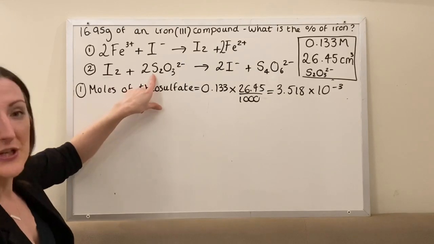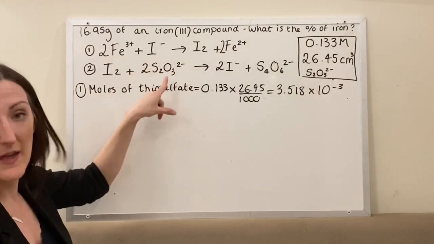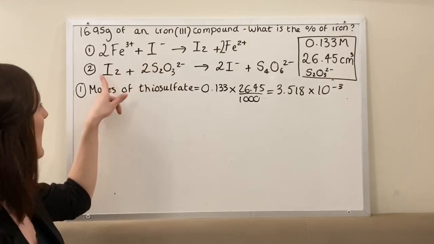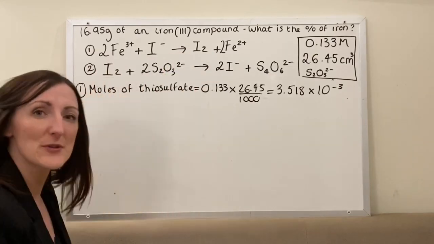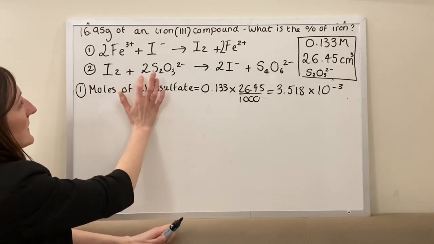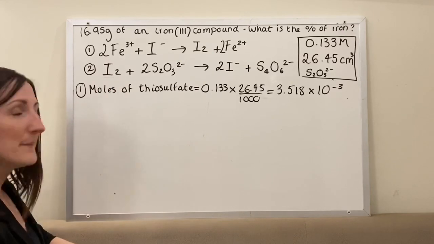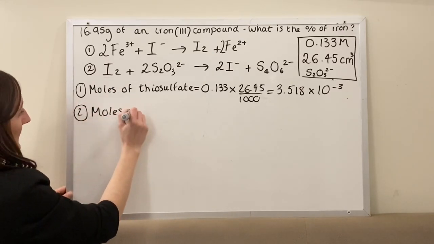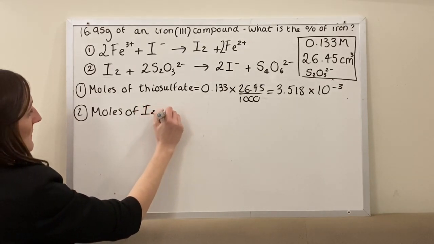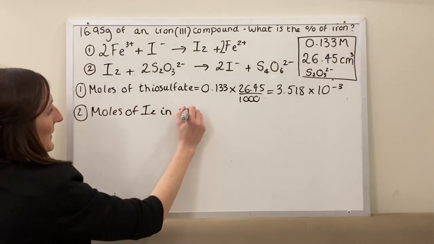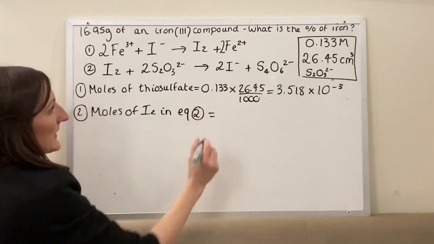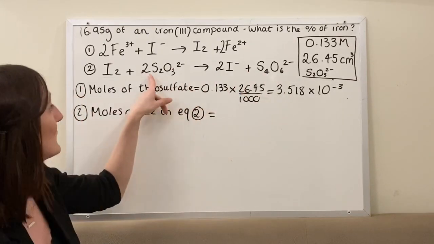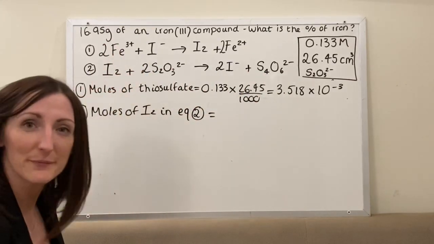If we look at equation 2, we've worked out our moles of this. We want to know our moles of iodine, because that's our linking thing between the two equations. This time we've got a 2-to-1 ratio. So to work out my moles of iodine in equation 2, I take my moles of thiosulfate and divide it by 2, because it's a 2-to-1.